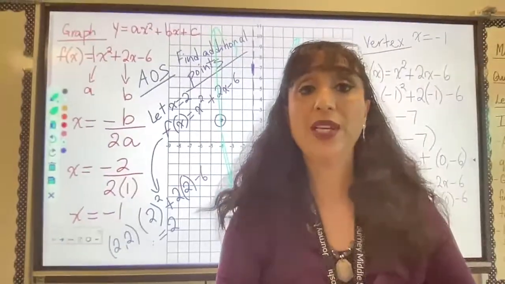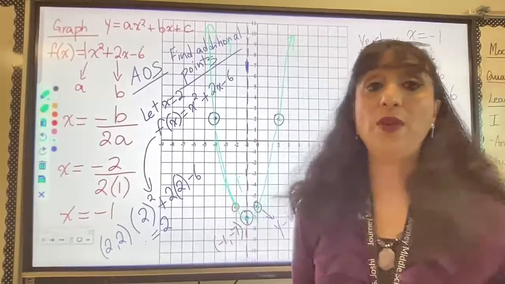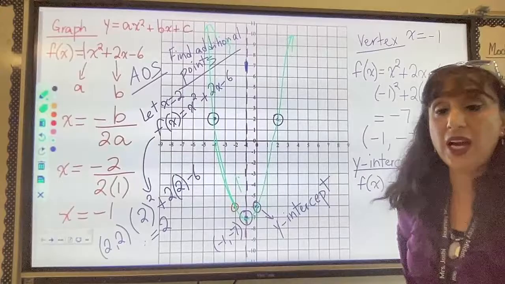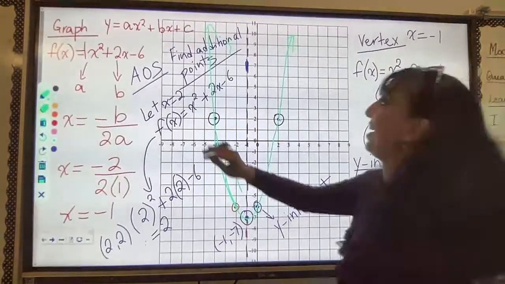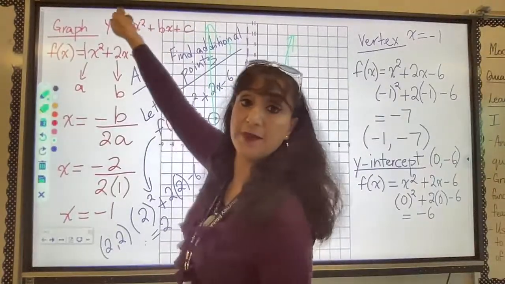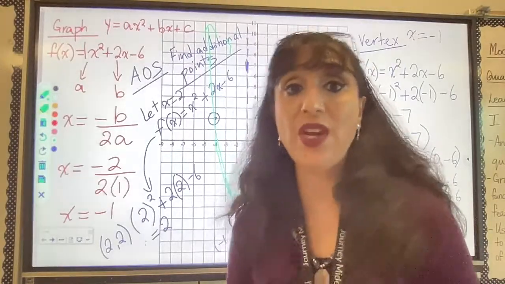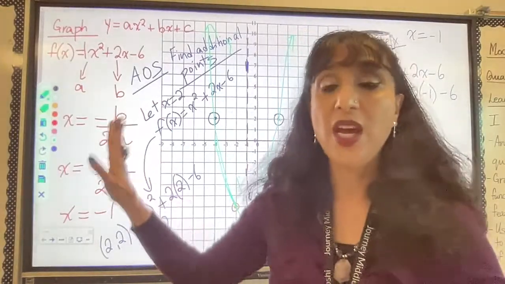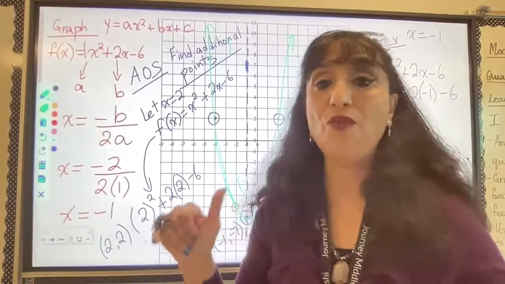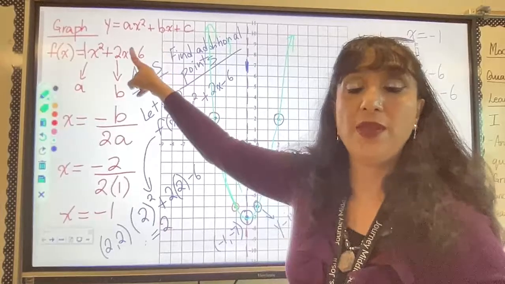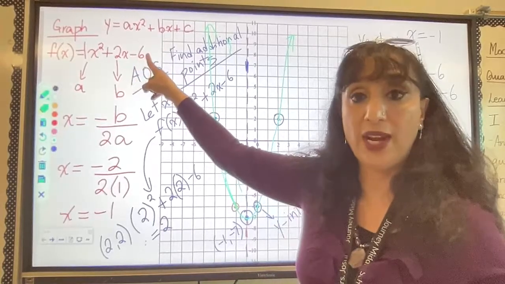Let me walk you through these steps once again. So when we are graphing, we know that my quadratic function in standard form is written like this. If I'm trying to find the axis of symmetry and I've been given an equation, I'm going to do the opposite of b over 2a, substituting the values from the standard form of the quadratic equation.